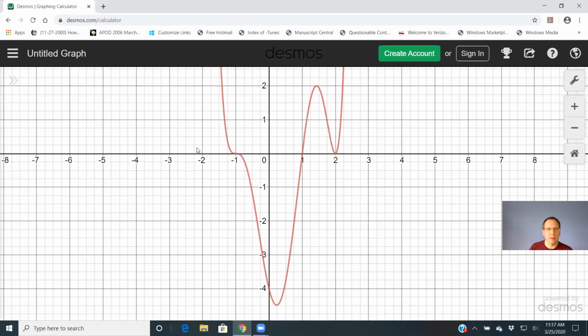You notice here that the x equals negative 1 root, which is right here, comes from the x plus 1 cubed factor.